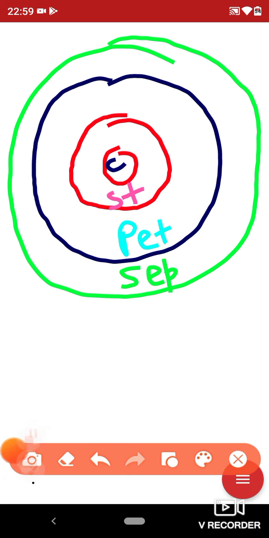We will again revise them. The sepal will form from the class A gene only, the Apetala 1 and Apetala 2.